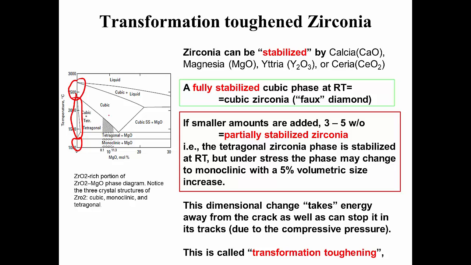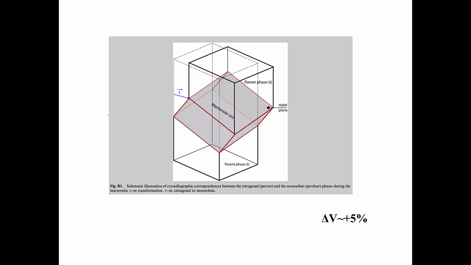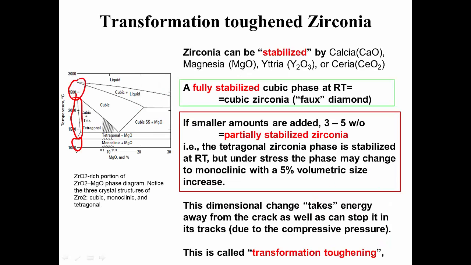And those tetragonal phase precipitates can undergo a phase transformation to monoclinic under stress. This transformation to monoclinic includes a change in volume, and it is that change in volume that changes the stress state at the crack tip.